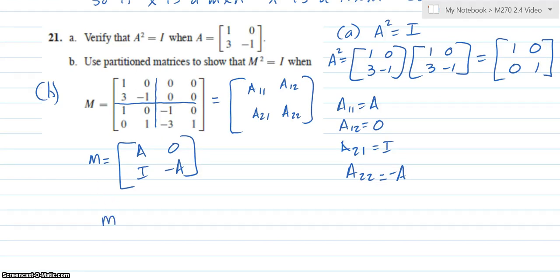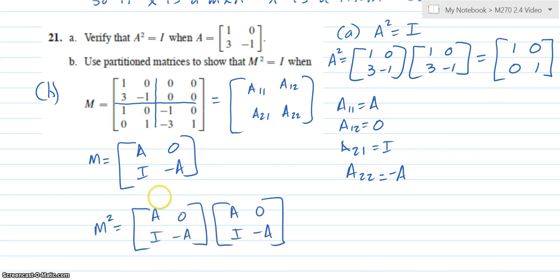So now if I take M squared, let's see if we do indeed get I. So let's do it the same way as we did part A. So we have a 2 by 2 with another 2 by 2. So we'll definitely end up with a 2 by 2. And what will we end up with? Well, I better make sure I have enough room there.